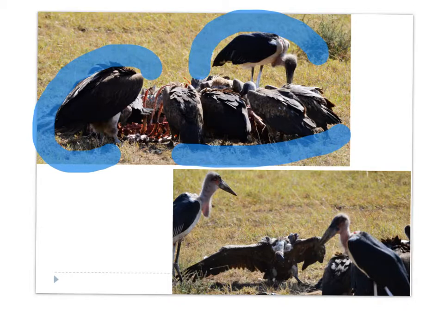And the storks try to come in and grab something and then run away, because the vultures will come in and attack. So the Marabou stork's strategy is to grab and run. The vulture strategy is to stay there. And then all of a sudden, this guy shows up to the party right here.